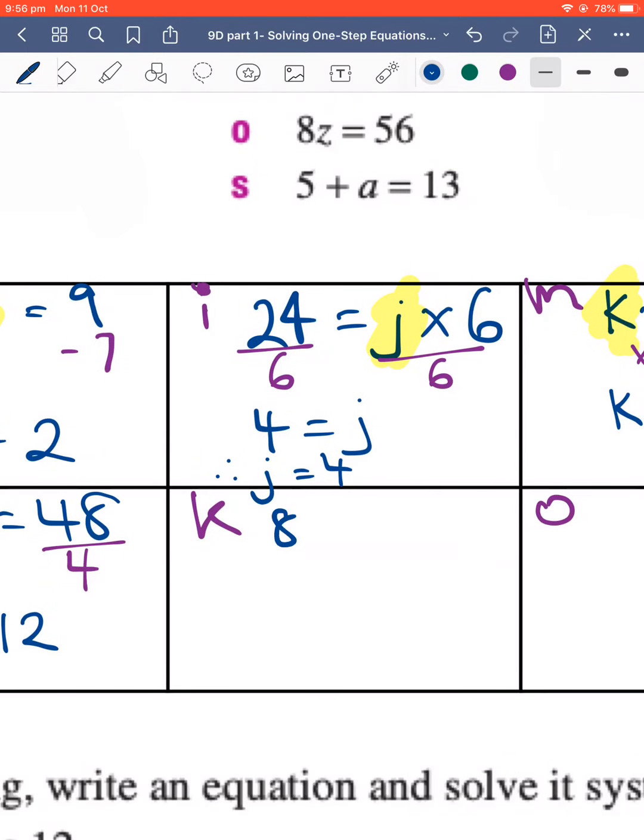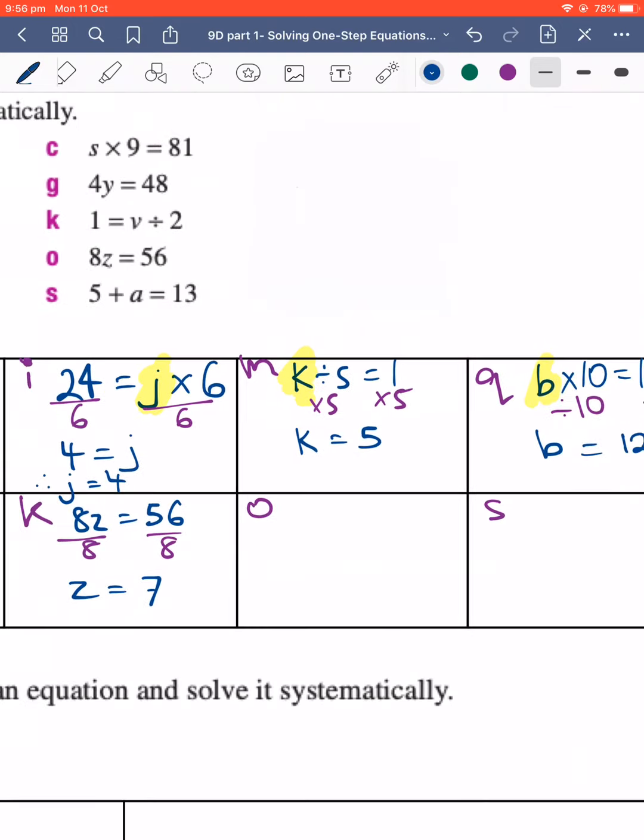We have now got 8z equals 56. So again, I'm multiplying here, which means I need to divide, and I divide by that number, which is 8. So divide each side by 8. Again, these two cancel out, the 8 and the 8, so I'm just left with z, and z equals 56 divided by 8, and the calculator gives us 7.